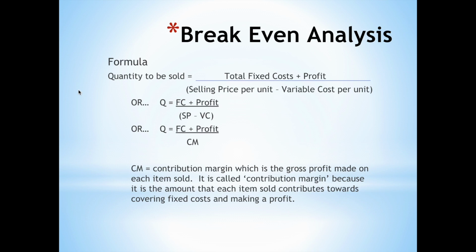It is called the contribution margin because it is the amount that each item sold contributes towards covering fixed costs and making a profit. So you can also write this equation as Q equals FC plus profit divided by SP minus variable cost, or CM.